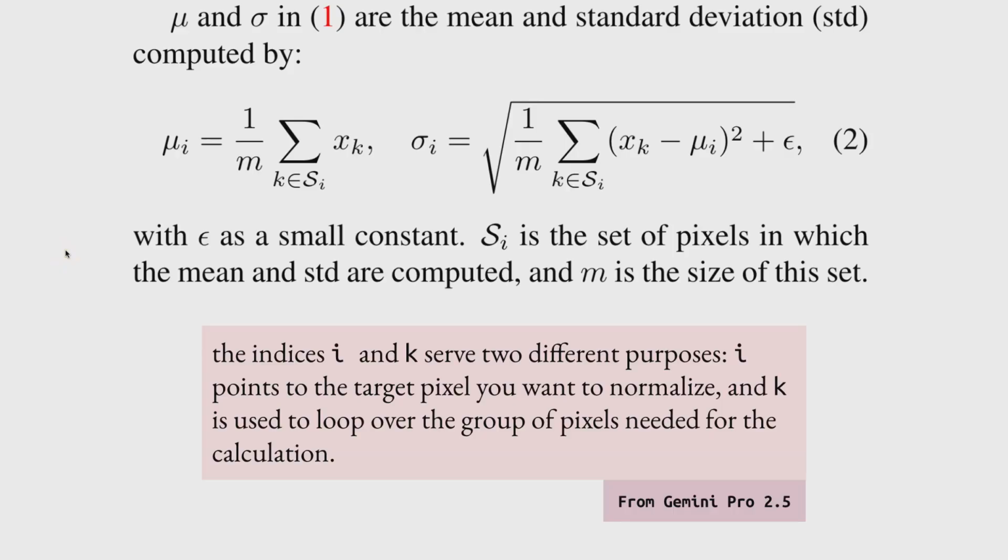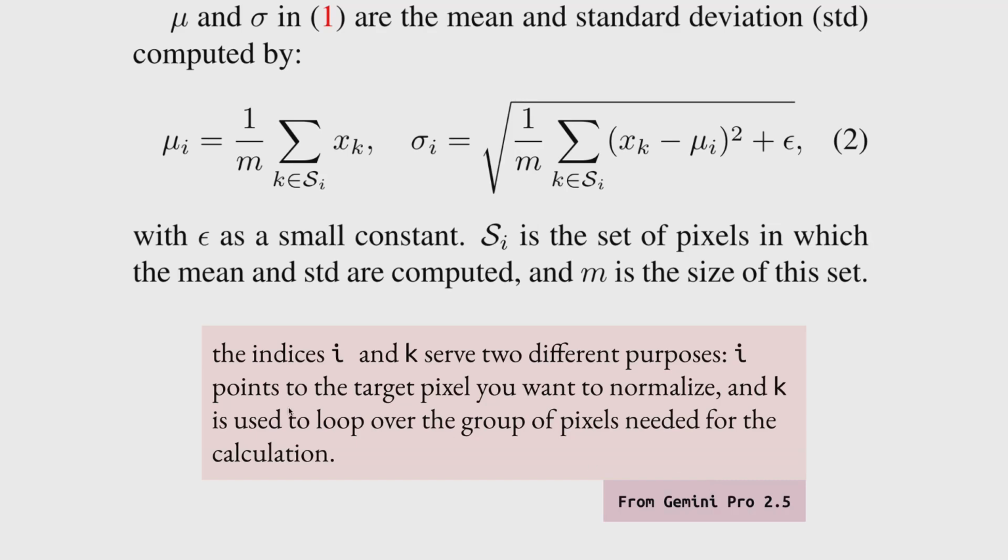So if we look at how these different normalization methods are approaching this, they're all looking at a different subset. S is the set of pixels in which the mean and standard deviation are computed, and m is the size of this set. As we'll see, in some cases the S, the set of pixels, is all the channels, or all the images, or it's a group of channels, or it's a single image. So the set of pixels that we're summing across here and here is dependent on whatever strategy we're approaching.